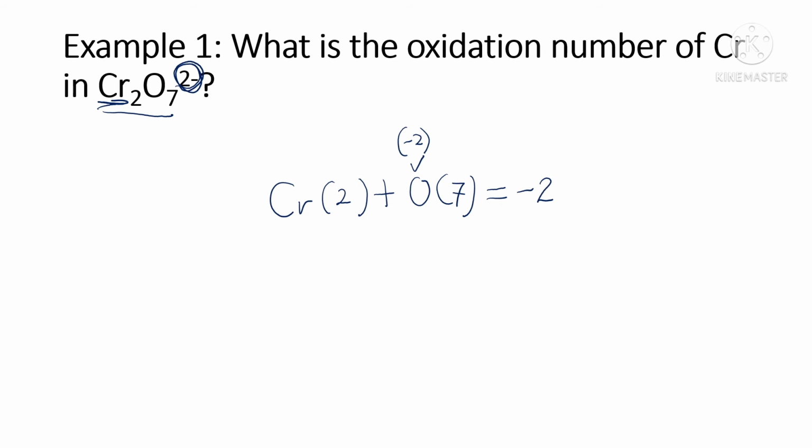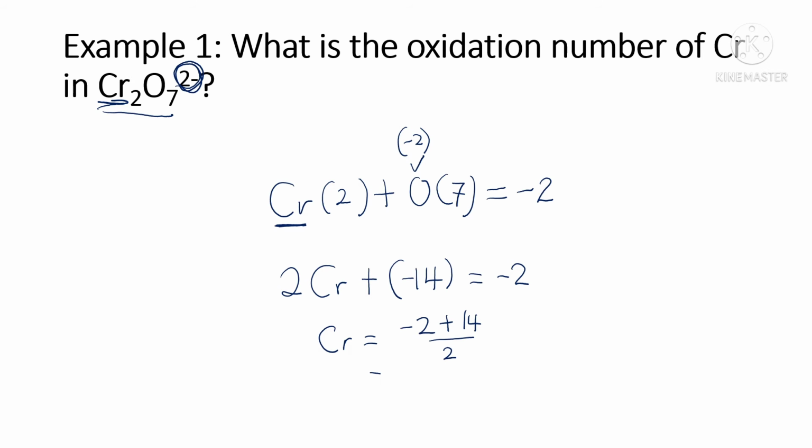Therefore, by doing a mathematical calculation, we can determine the oxidation number of chromium in the dichromate ion. So 2 chromium plus -2 multiplied by 7, which is -14, equals -2. And therefore, this should give us +6 as the oxidation number for chromium in the dichromate ion.